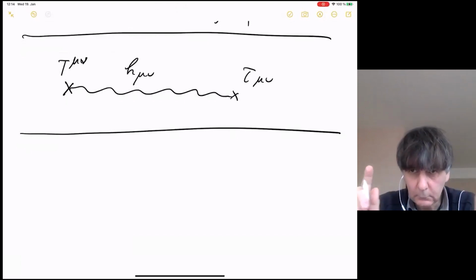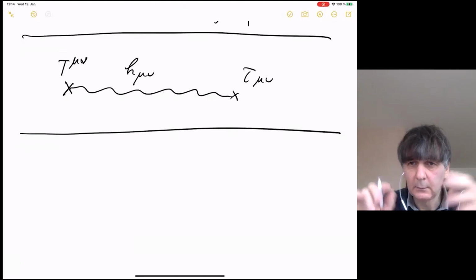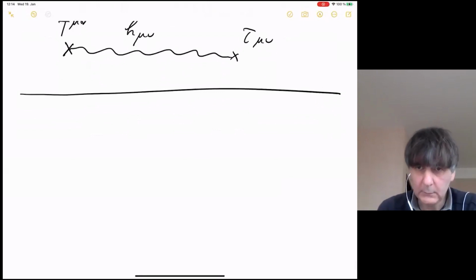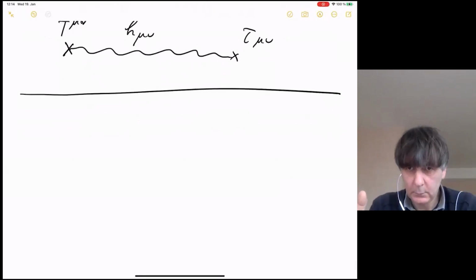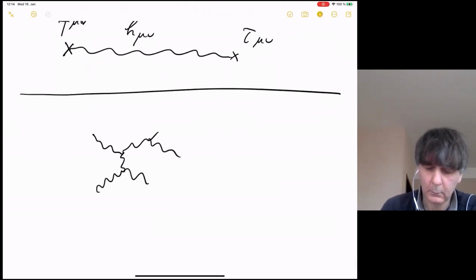Actually, that's not completely true, okay? It is important to understand that, to fix terminology properly, tree level means that we don't have loop diagrams, okay? So tree-level processes by, let's say, graviton scattering, all right?